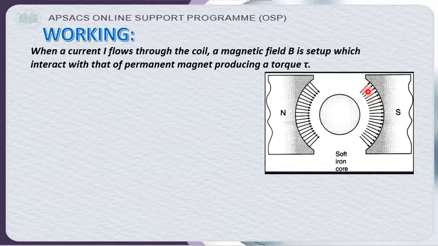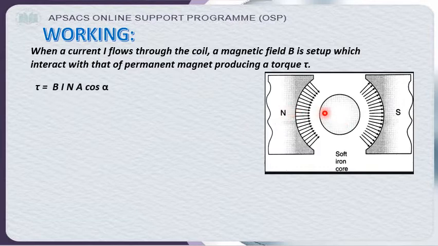These arrows are basically the direction of magnetic field, and this is known as radial magnetic field. Radial means that it is concentrated toward the center point. This is the direction of the magnetic field that is pointing towards this coil. So it is important in this case to cut the magnet pole pieces into concave shape to make their magnetic field stronger.